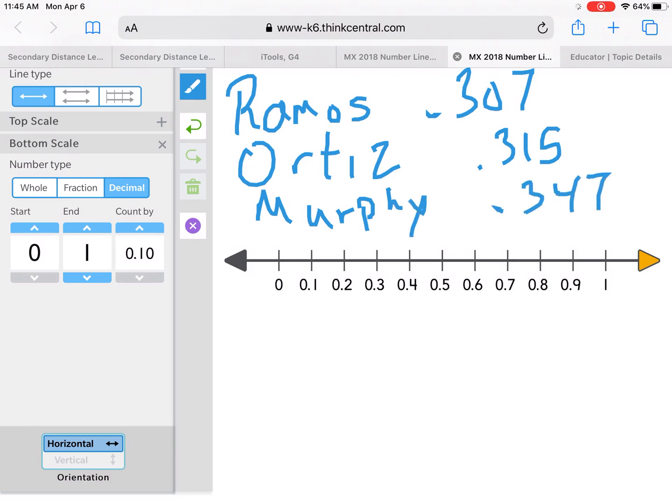And 347 thousandths is actually how we should say that decimal. A lot of times baseball players and fans use just 307, 315, or 347. Technically not the correct way to say the decimals as we have taught you. Can you put these in order from least to greatest? Pause the video to put them in order from least to greatest.